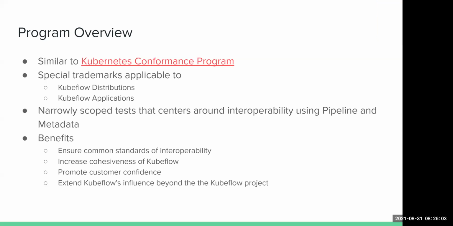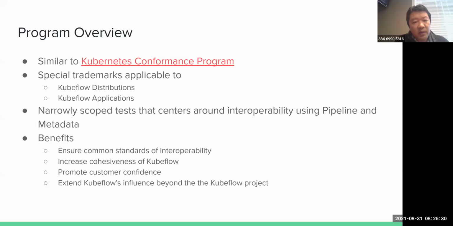Does that make sense? Yeah, so your point is it doesn't really make sense to create other conformance for the other components, because it sounds interesting why we don't force distribution owners to pass the conformance test for other components, if we're naming other components also part of Kubeflow, not only Kubeflow Pipelines.